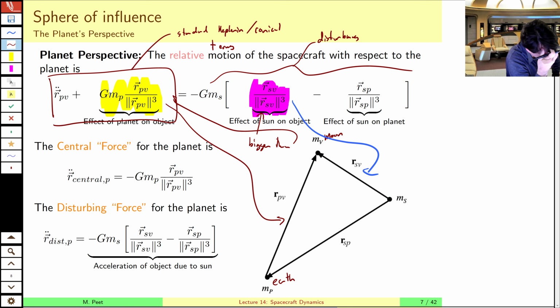In fact, it's almost impossible for this term ever, no matter what the orbit is, even if you were just in a parking orbit, I believe, this term would still be greater than this term. The difference, of course, is that there's this third term.